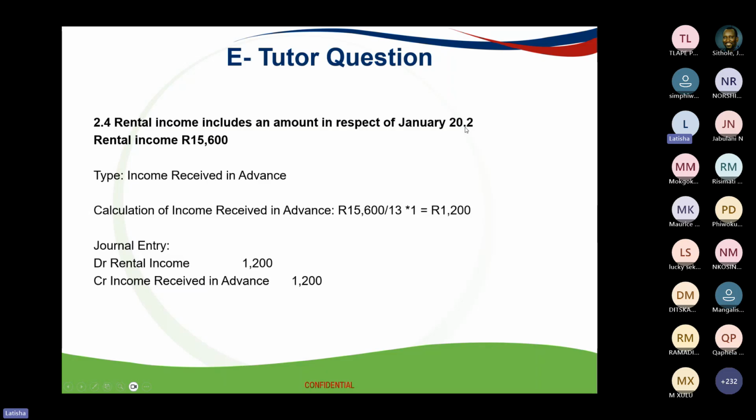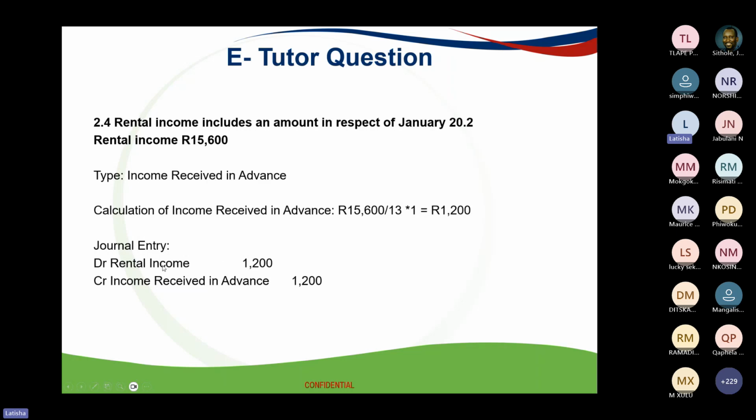Our financial year is Jan to December 20.1. So what this is telling us is in this 15,600, we've actually received rental for 13 months and not 12. So in our income, which you are correct, is a credit, we have too much in the current year. We can't have the next year's income.